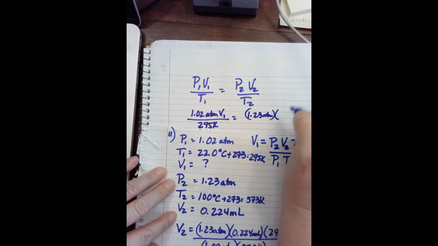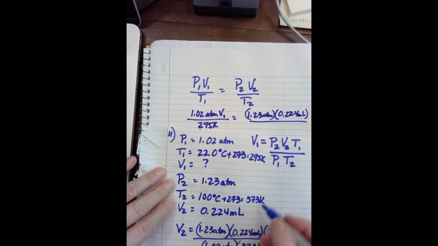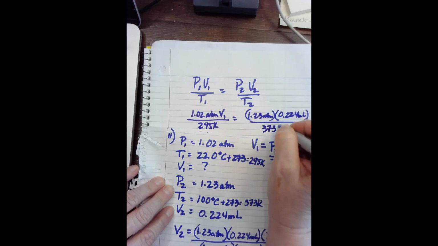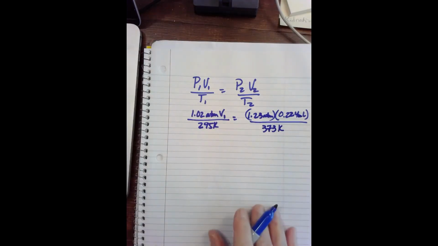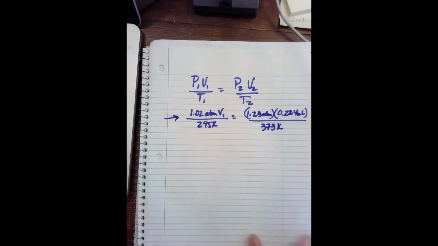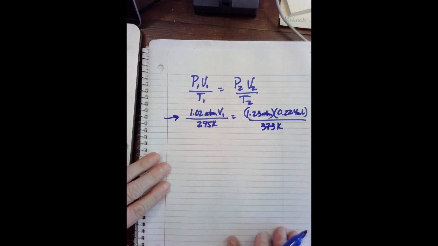The volume changed to 224 mL. And then the temperature changed to 373 Kelvin. This would be enough work. If you did that, that would be enough work if you come up with the right answer to show what we have.